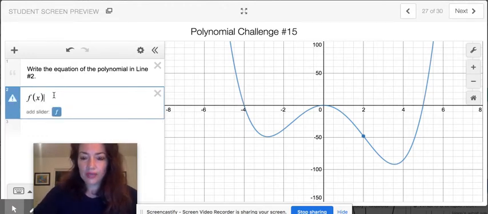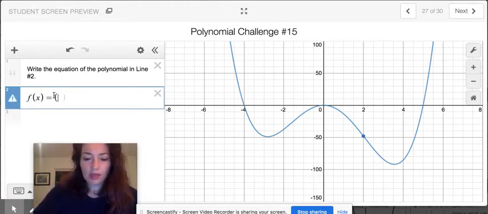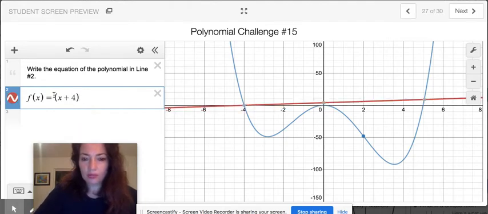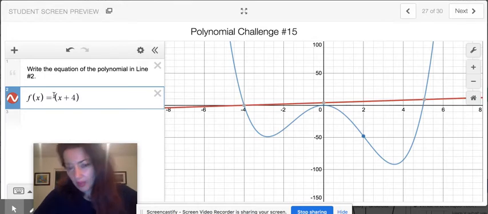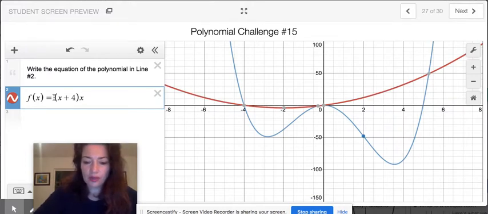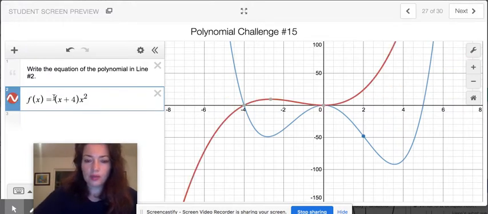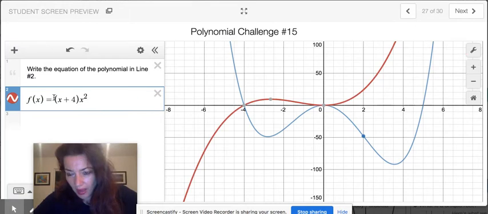So f of x equals x plus 4, passes through, and a bounce at 0, so I'm going to put that x squared. And then it will pass through the point 5, it looks like.